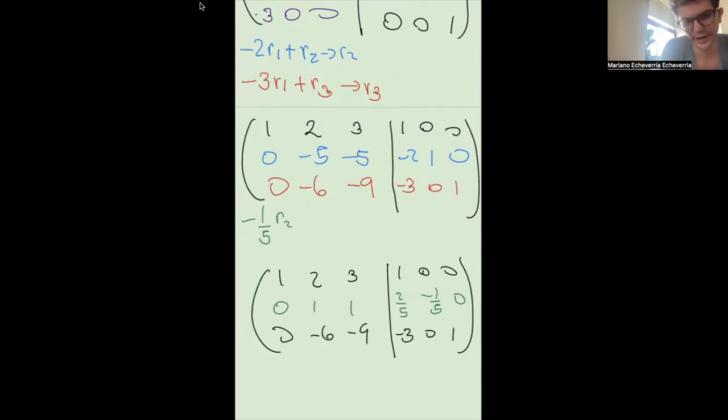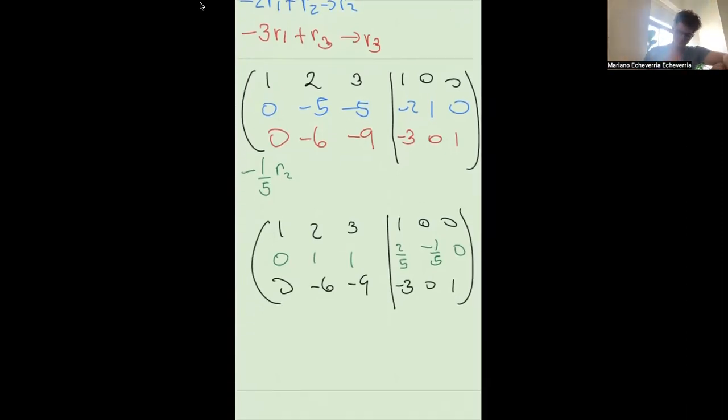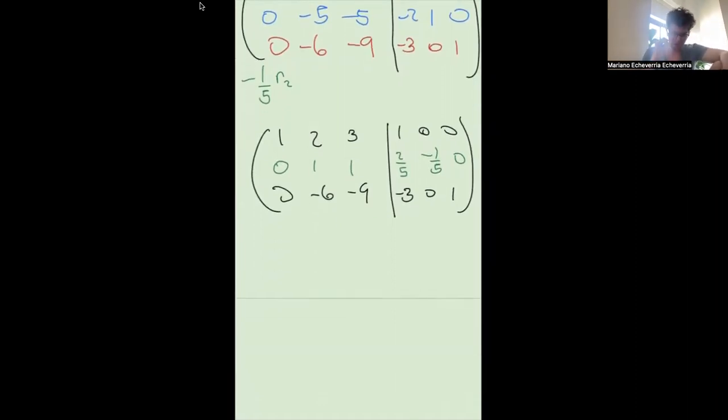And then with this one I can put zeros here. So let's just do it: -2 row 2 plus row 1 into row 1.